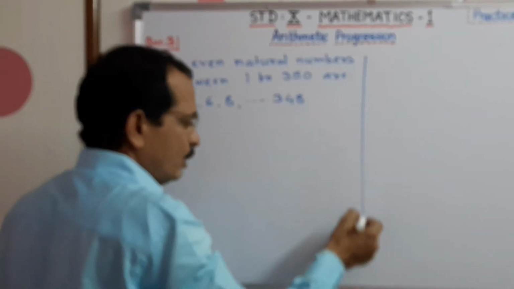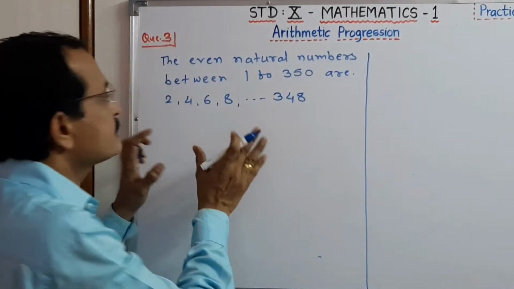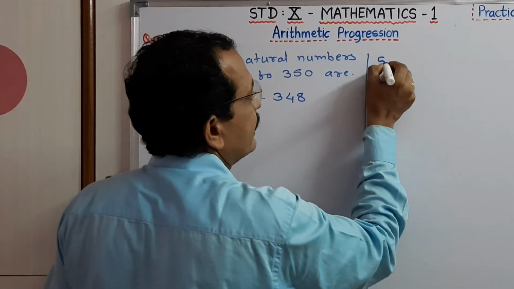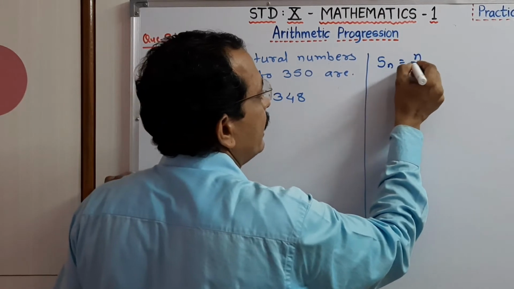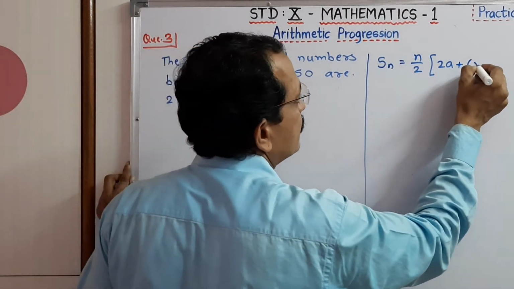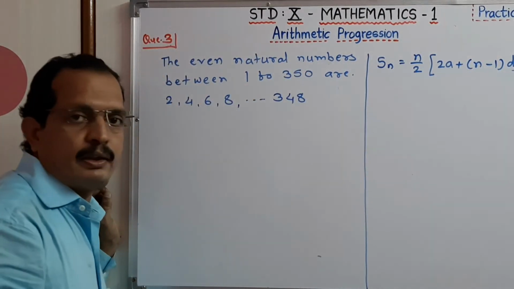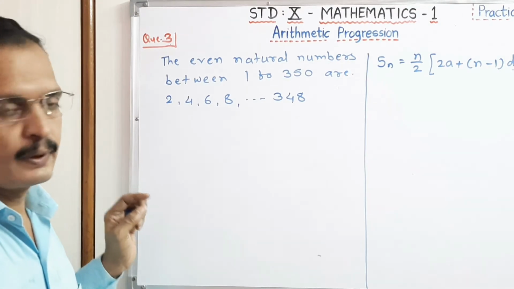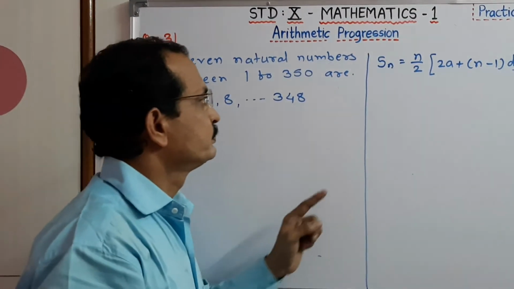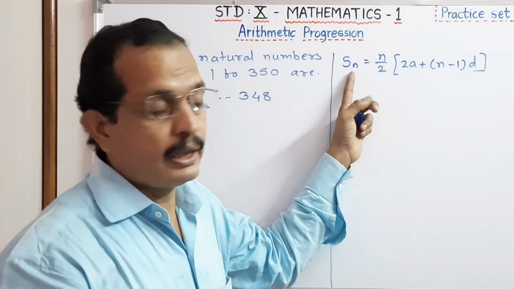Now the formula. What is the formula for finding the sum? Sn is equal to n upon 2 into 2a plus n minus 1 into d. I think everyone knows this. Sn means sum of n terms.